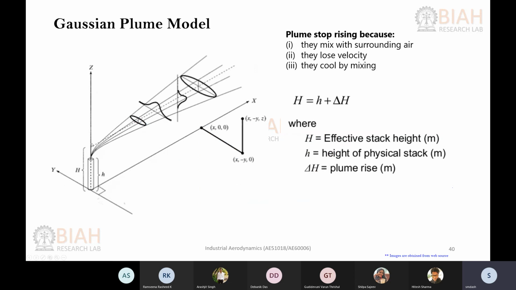You should know the limitations of this Gaussian plume model. A few empirical models have been proposed which improve upon the Gaussian plume definition, but those are not necessary to discuss in this course. So I stop here.